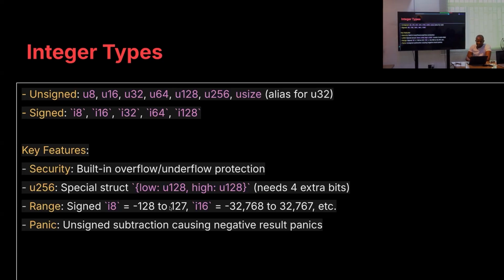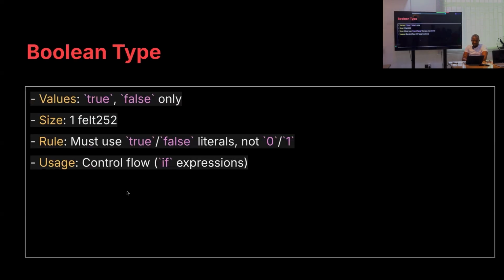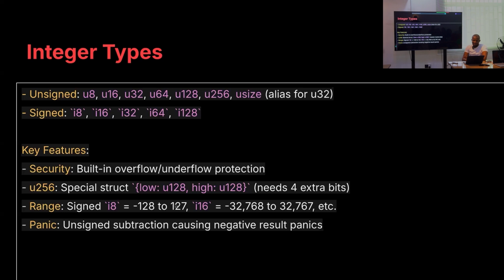So for signed integer, 128 to 127. So while integer 16 is equal to, are you following? What was the mistake we made here then? Is this accurate? Yes. But I didn't mention that we're going to do minus 1, right?